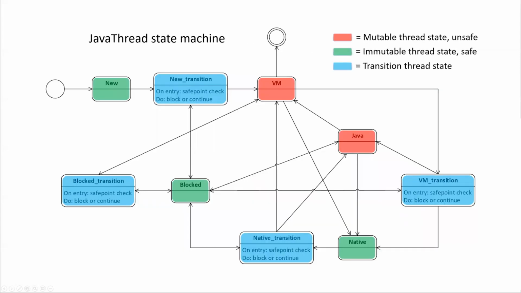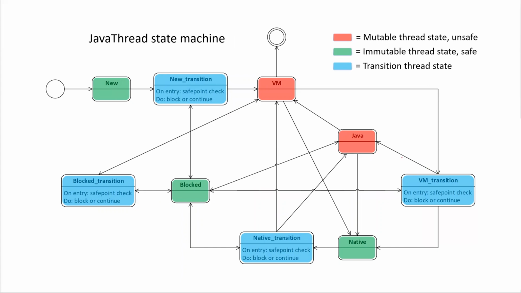If we go back to the original state machine, what the VMThread has actually accomplished here by arming the poll pages of the Java threads is that it has effectively removed the capability for threads to transition into any of the red, unsafe, mutable states.